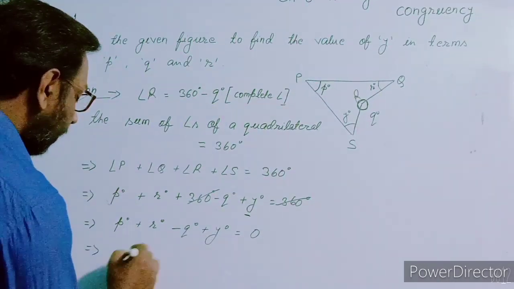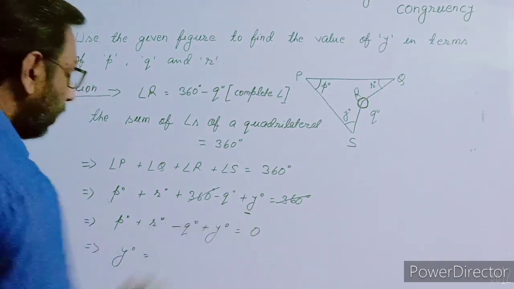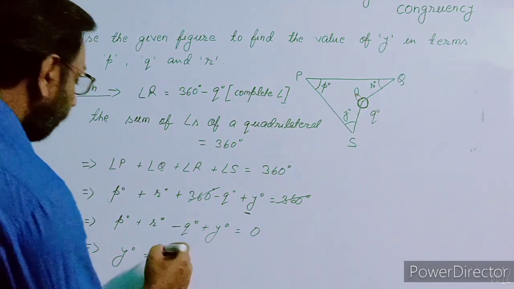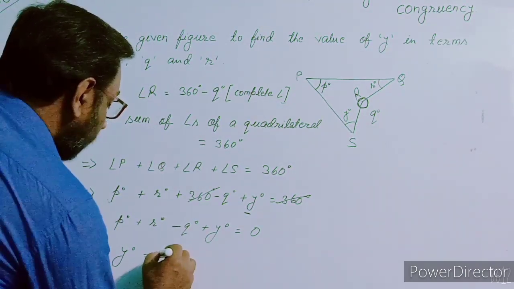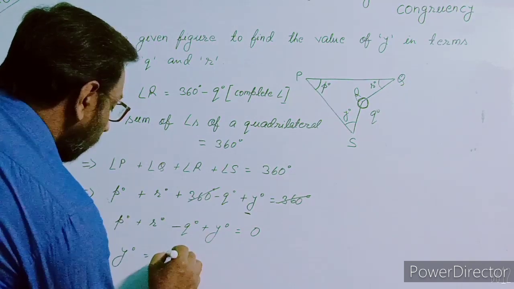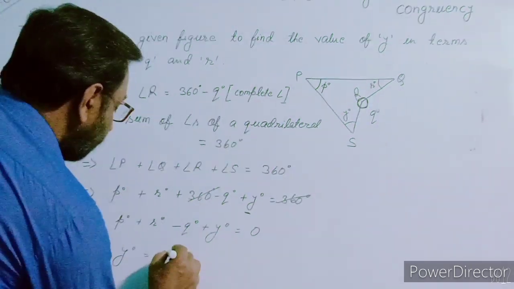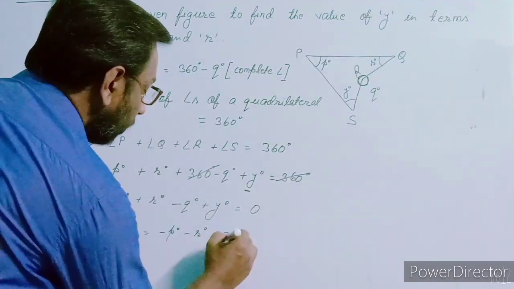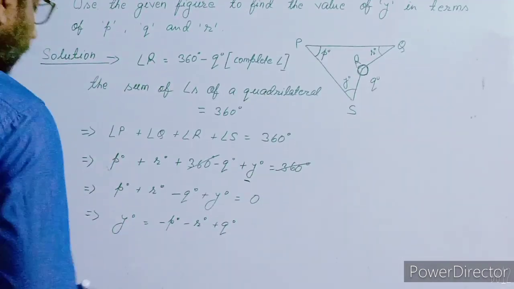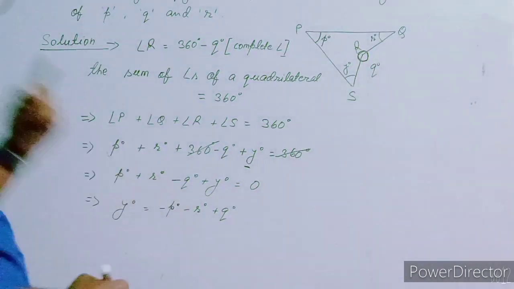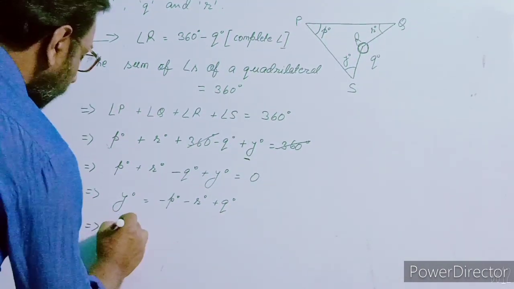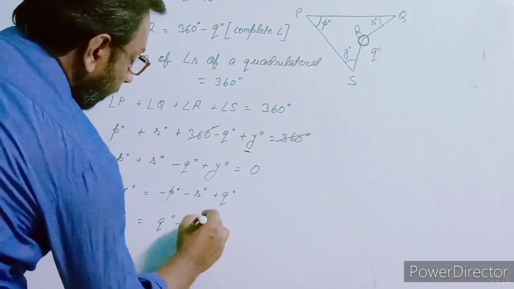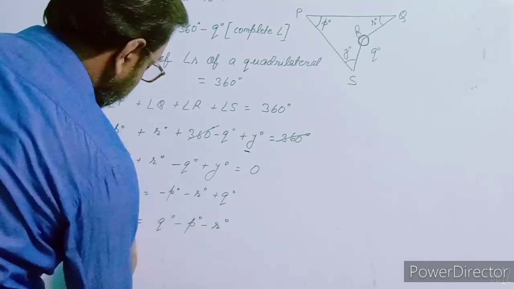So Y degree equal to, all this will go that side, and after going that side it will be minus P, or we write minus P minus R and plus Q degree. In other terms we can write Y degree equal to, if you write systematically, Q degree minus P degree minus R degree.